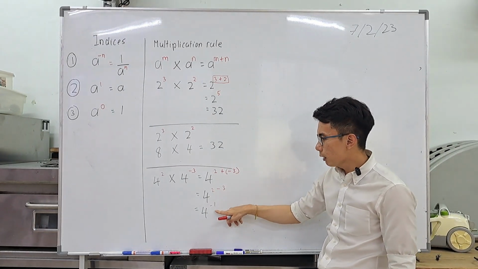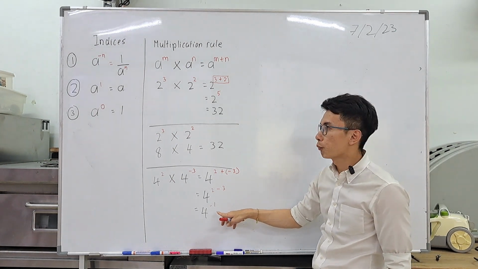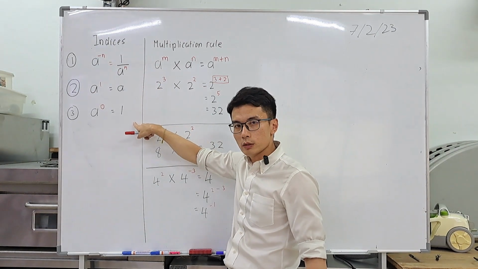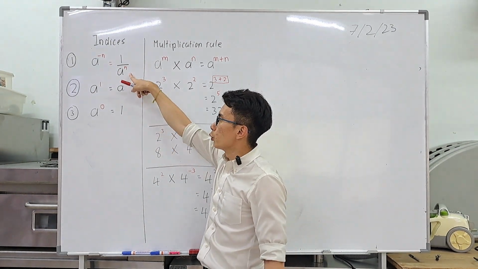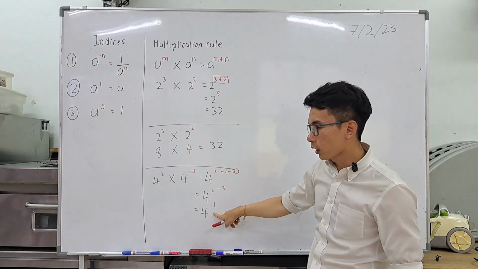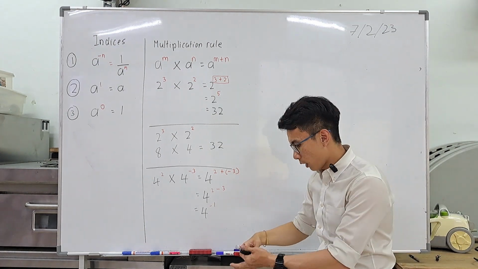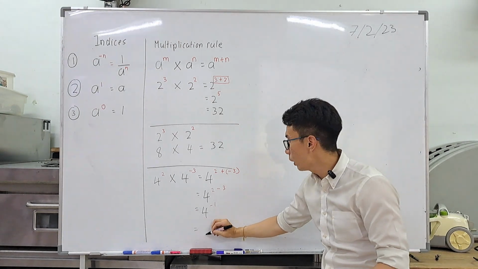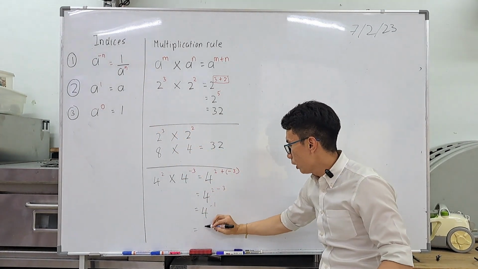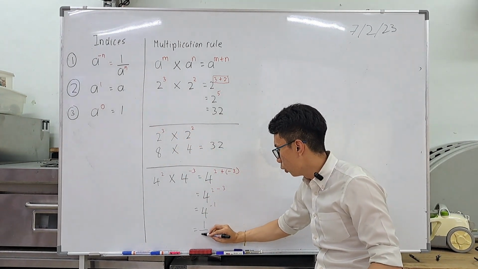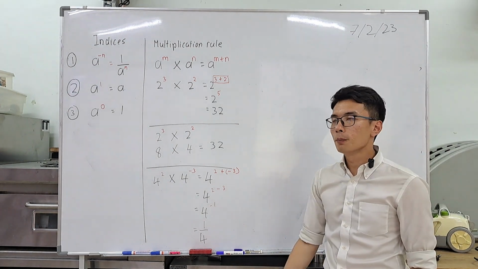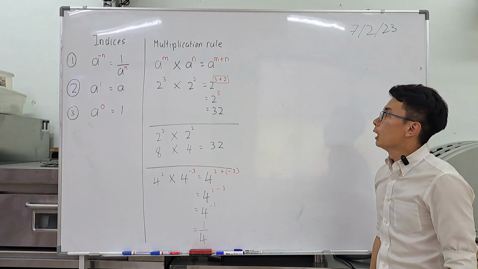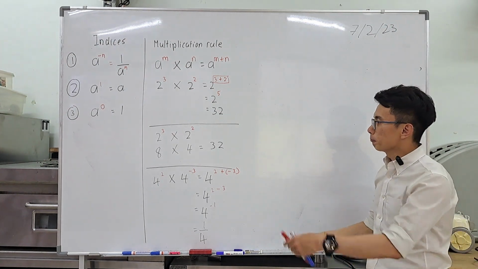But I'm not done yet. We established an understanding of 4 to the power of negative 1 in our previous rule. Looking at the list of rules, I should be applying rule number 1. I can further change this into a fraction. Applying rule number 1, I should get 1 over 4. That is how we play with the multiplication rule.